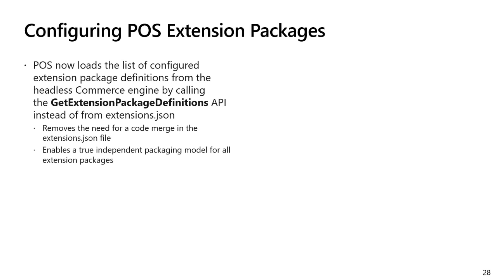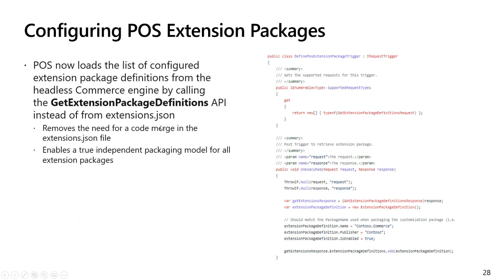So what we've done is introduce a new API in the headless commerce engine called Get extension package definitions. I think Mani briefly showed the code for a trigger for this API that was configuring an extension package earlier, but we also have that on the right here.